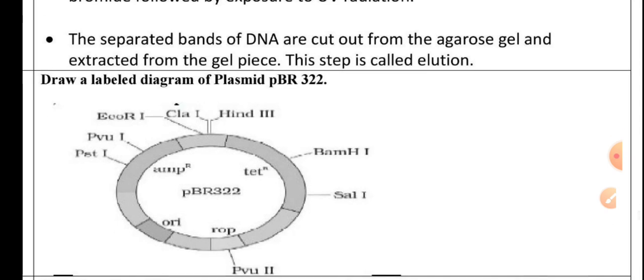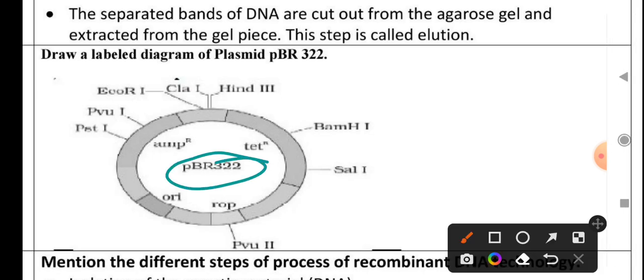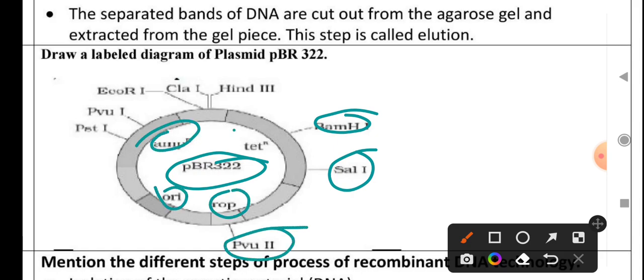Draw a labeled diagram of plasmid pBR322. Here is a symbolic representation of some words they have given. Whenever you are studying this chapter briefly, EcoRI is what?